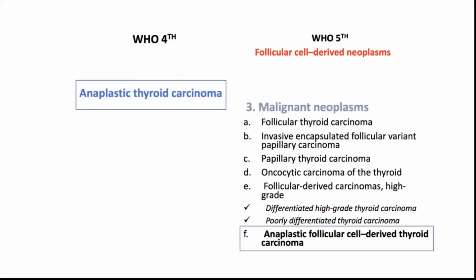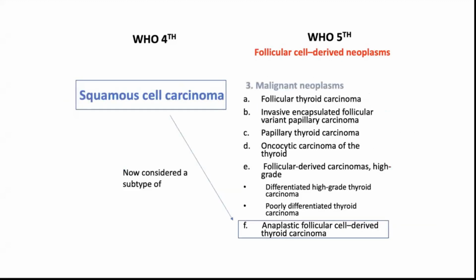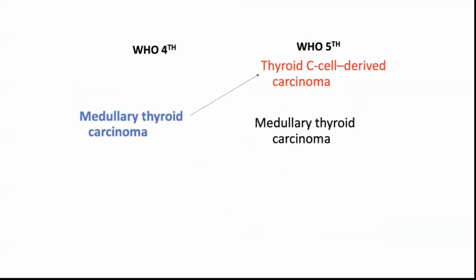Anaplastic, as already discussed, anaplastic follicular cell derived thyroid carcinomas. Squamous cell carcinoma, which was a separate entity, is now considered a subtype of anaplastic follicular cell derived thyroid carcinoma in the fifth WHO classification. MTC, not much change. We all know it is thyroid C cell derived carcinoma.